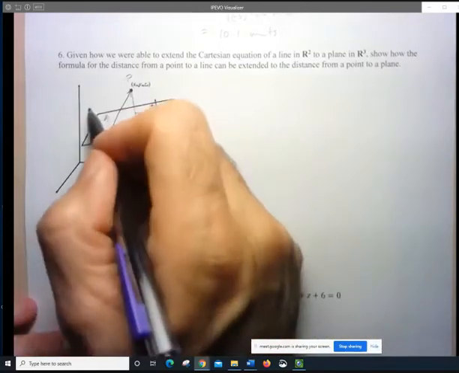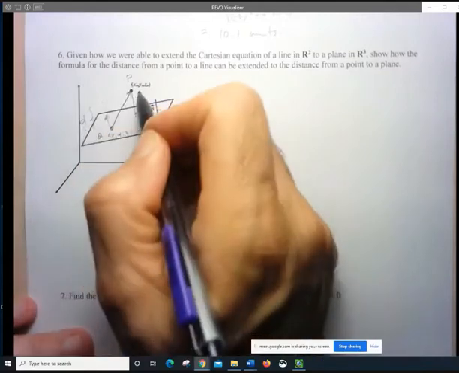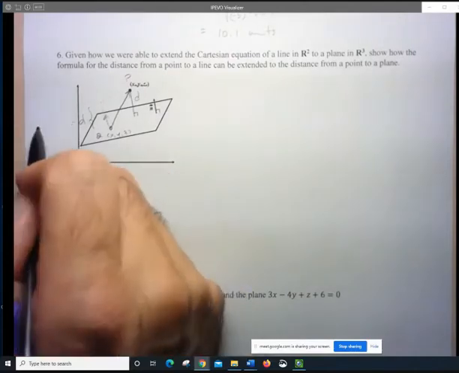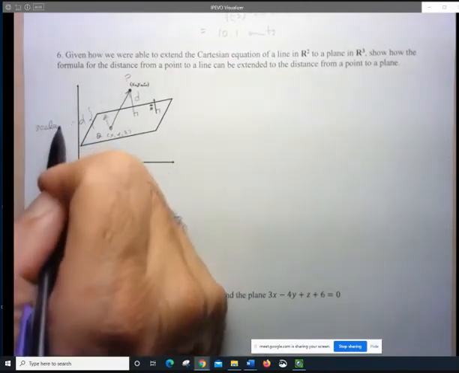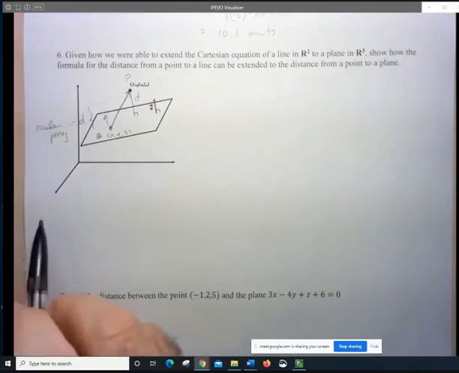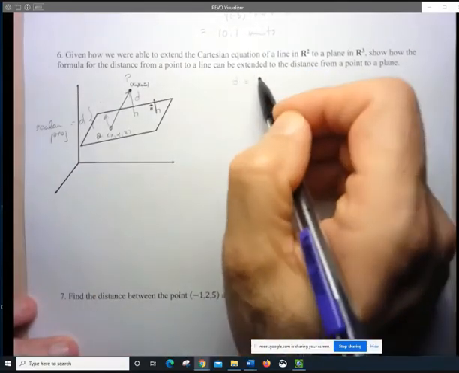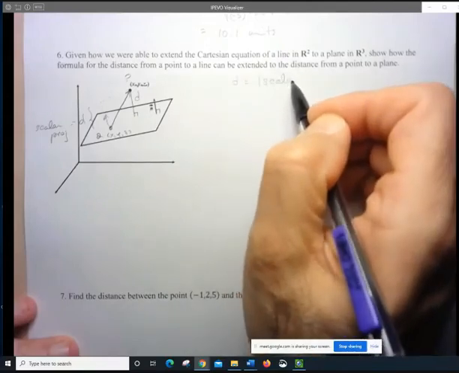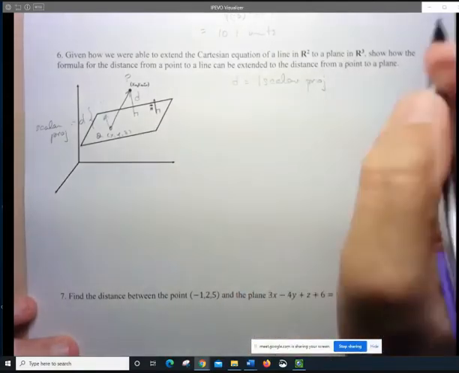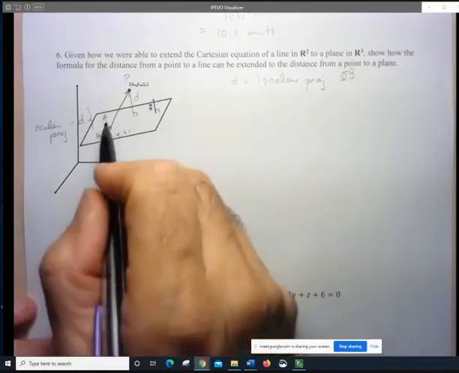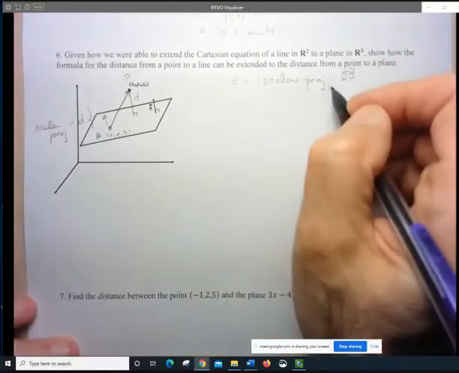Okay, so this projection is the same as the distance from the point to the plane. And this is just my scalar projection. All right, so this distance is just the absolute value, just in case that scalar projection is negative, of the vector QP onto my normal vector.